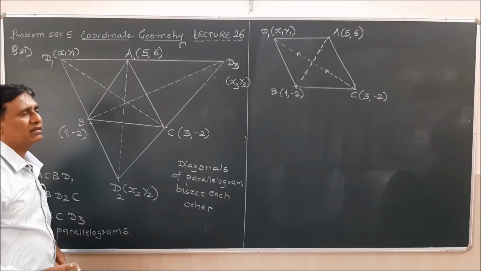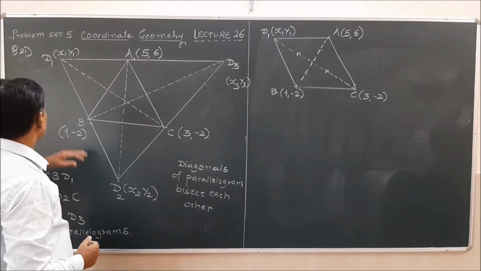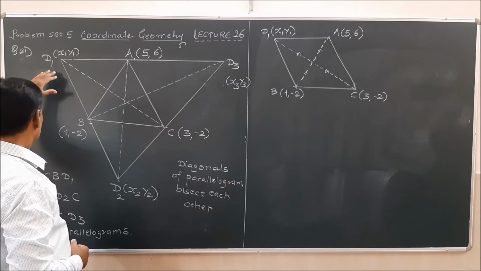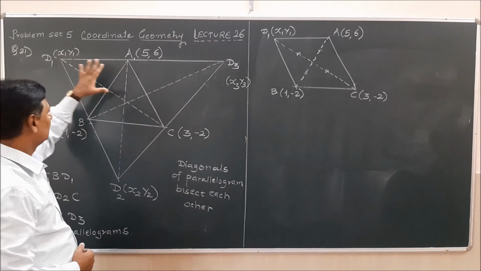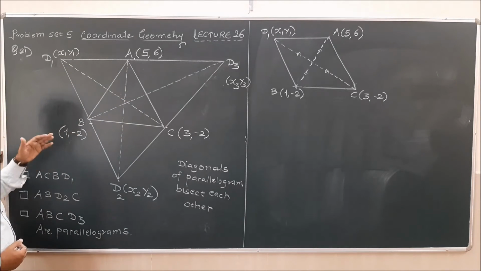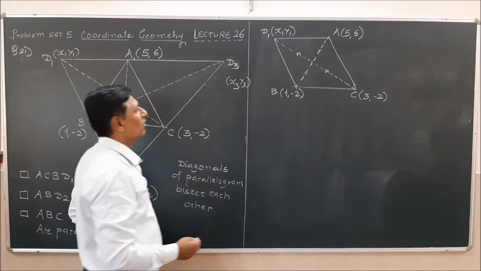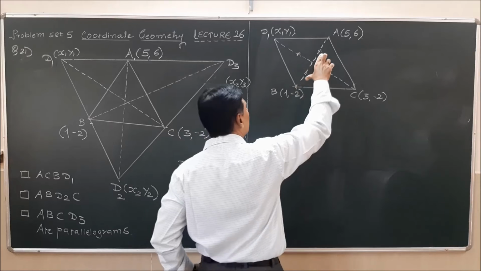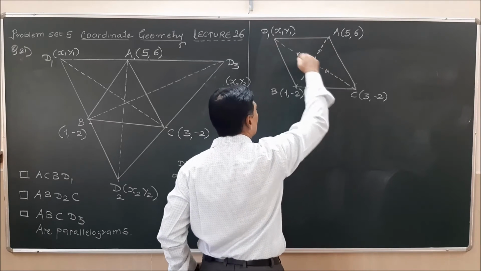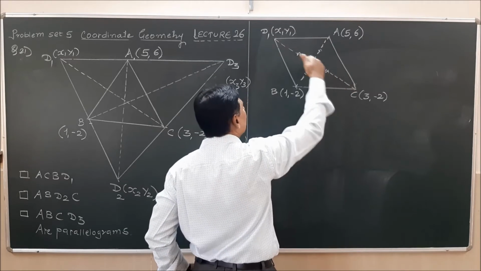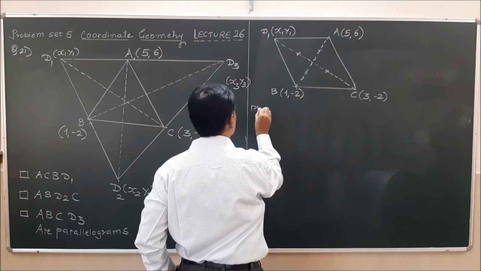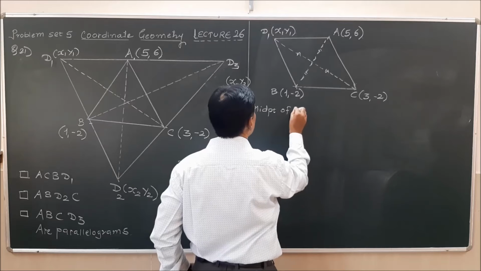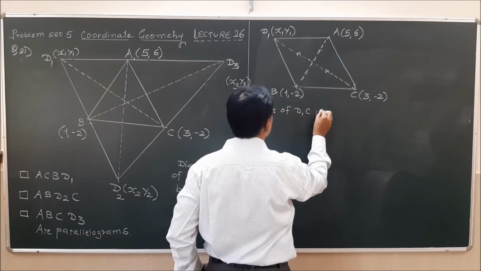So first of all, notice again: A, D1, then B, C. This is the first one, ACBD1. Now diagonals bisect each other. That means the midpoint of AB is the same as the midpoint of D1C.